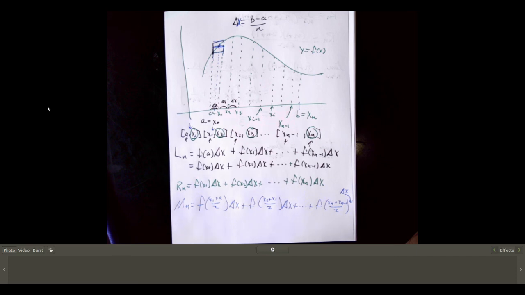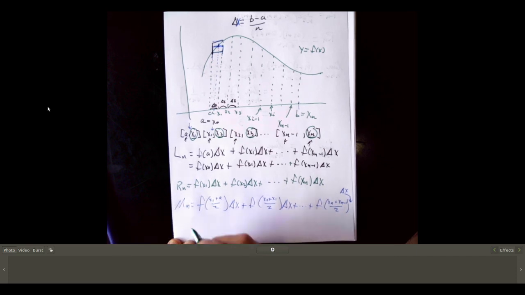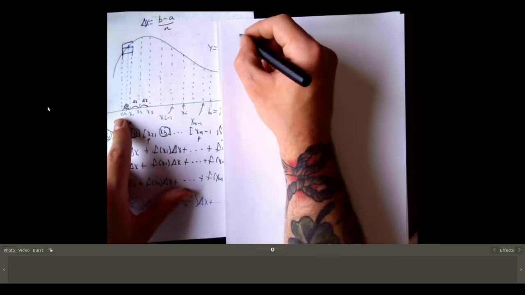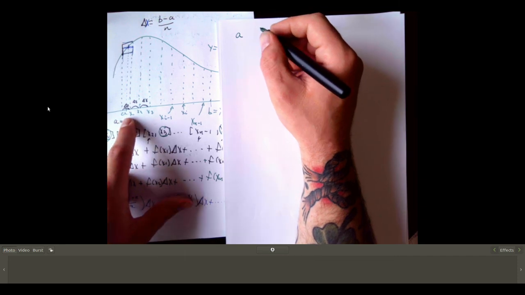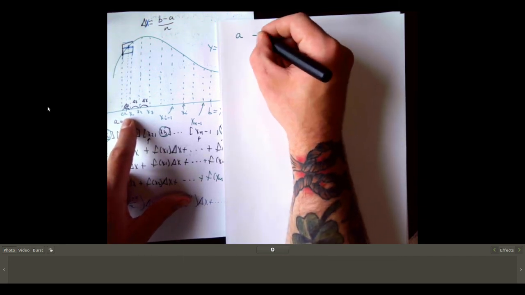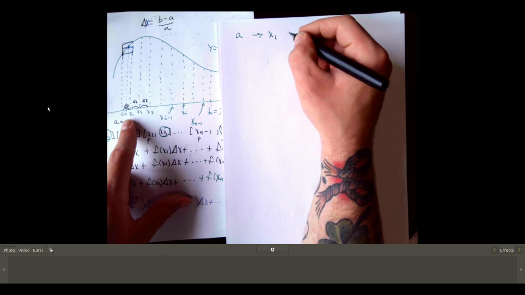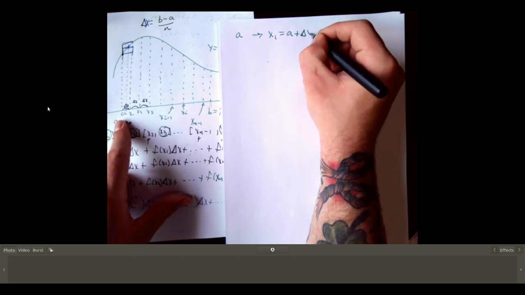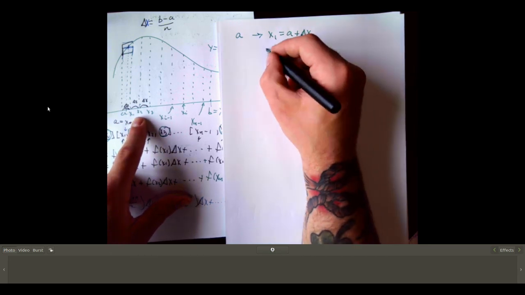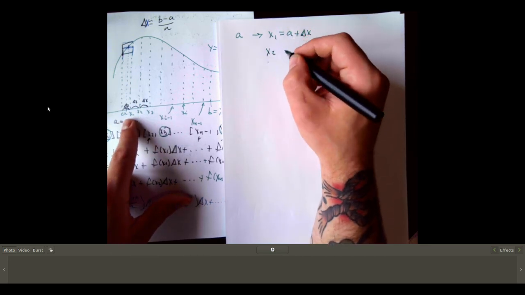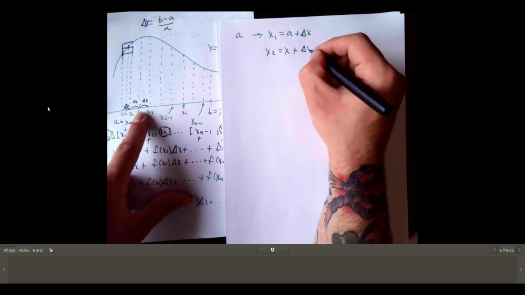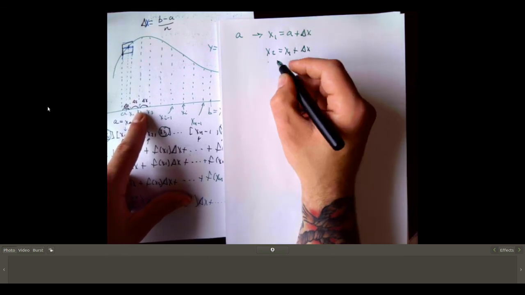Also, if we start at a, our next jump is x1. But if you look, x1 is just equal to a plus delta x. x2, well, we started at x1, and we added delta x to it. But we know what x1 is.